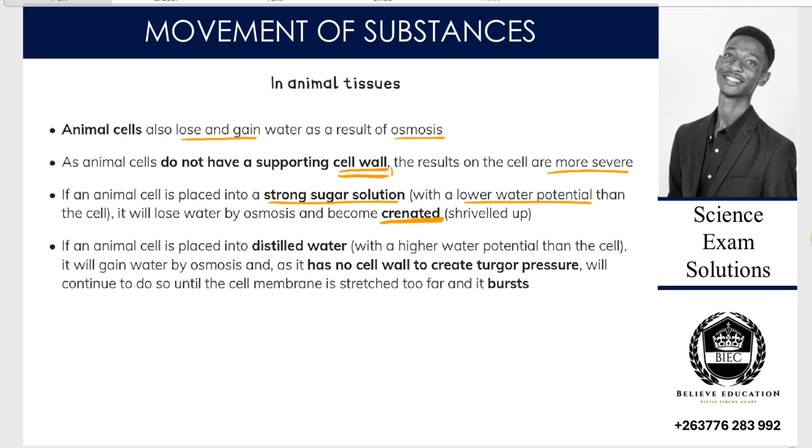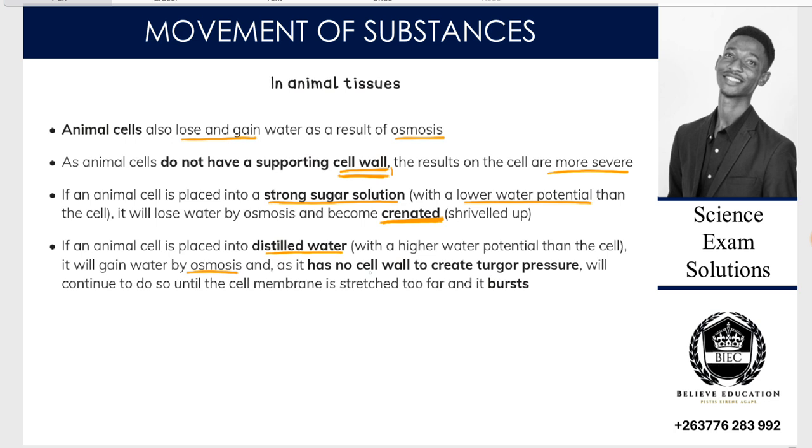And then if an animal cell is placed into distilled water with a higher water potential than the cell, it will gain water by osmosis.